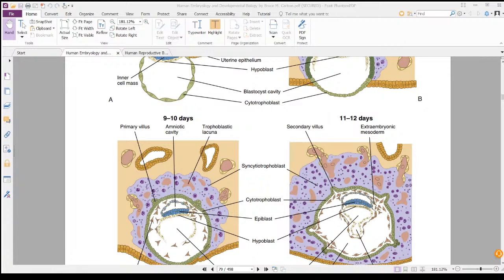That isolated space is technically called trophoblastic lacunae, because here the cells are dying. Here they are filled by the maternal fluid, and that in the end gives rise to amniotic fluid also.